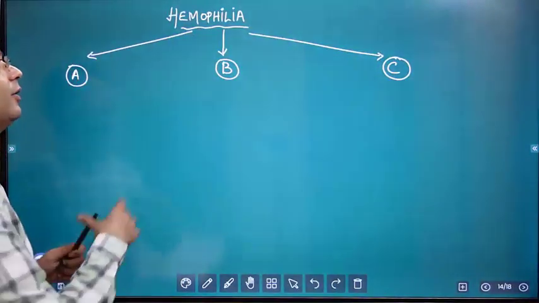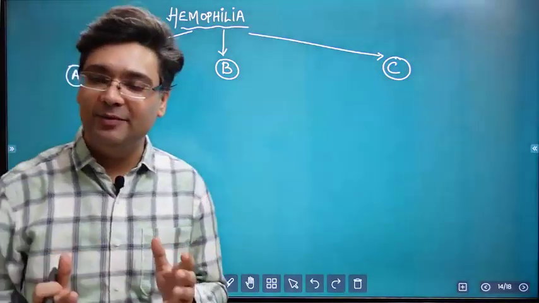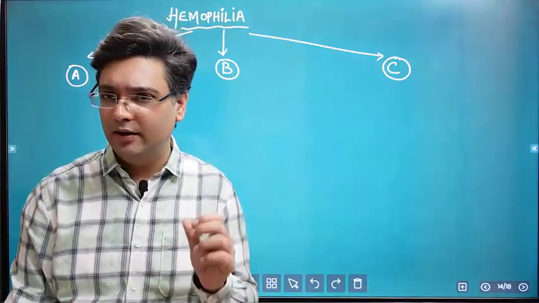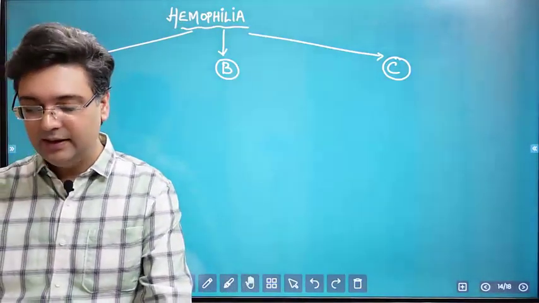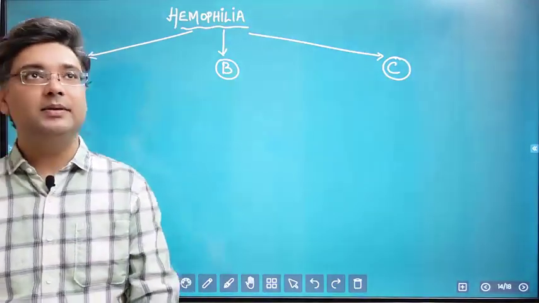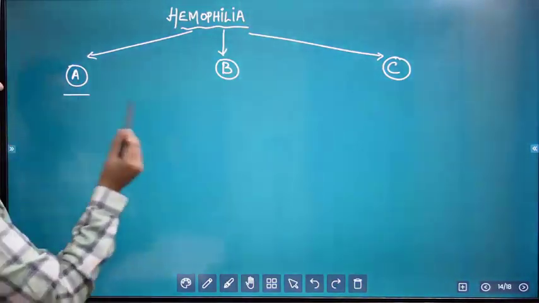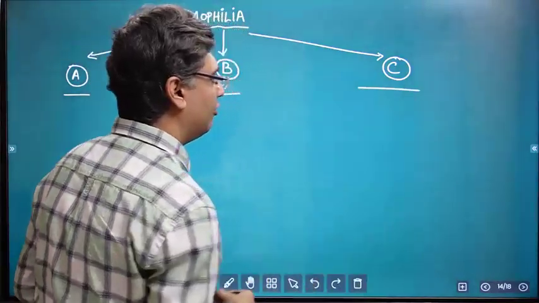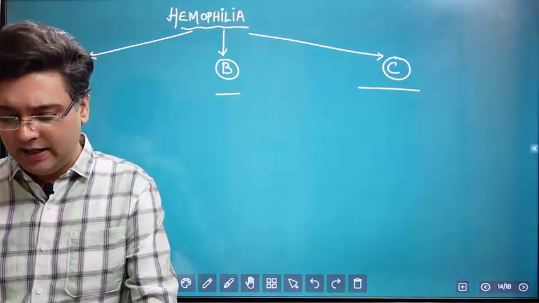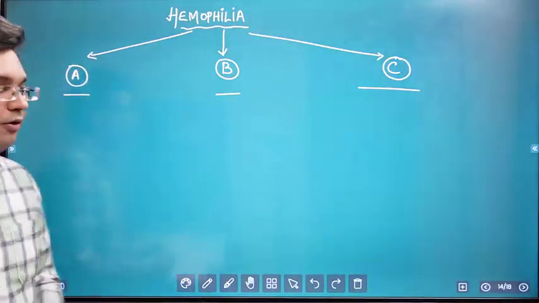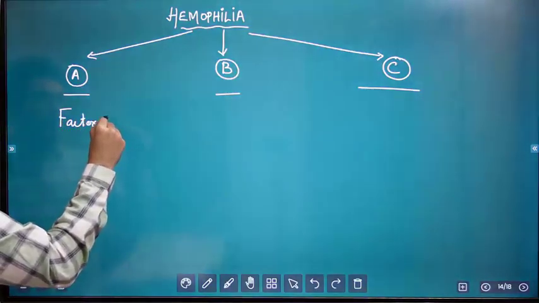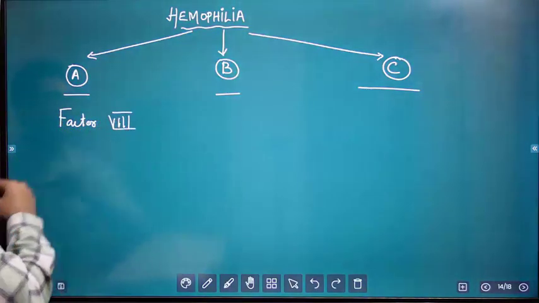Next, we are going to talk about hemophilia. Now, hemophilia we've covered before in physiology. We are covering it, but quickly here. Hemophilia can be described in three ways: hemophilia A, hemophilia B, or hemophilia C. Hemophilia A, we know, is a defect of factor 8, that's factor 8 deficiency.